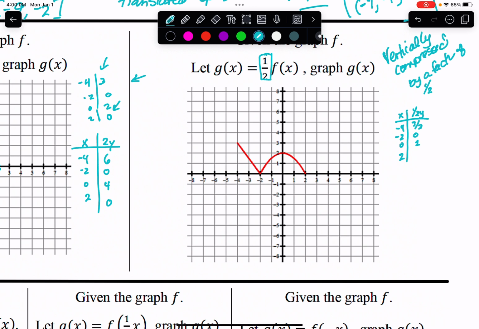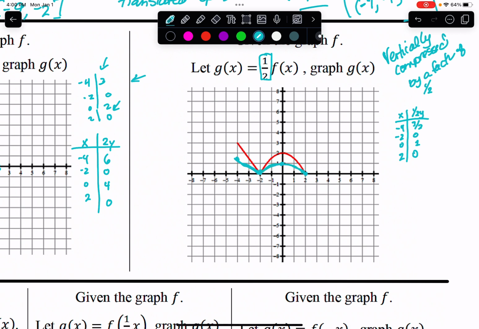And then half of 0 would be 0 again. So at -4, it's at 1.5. And then at -2, it's at 0. And then at 0, it's 1, and then it goes back down to 0. So this is a little wider graph.